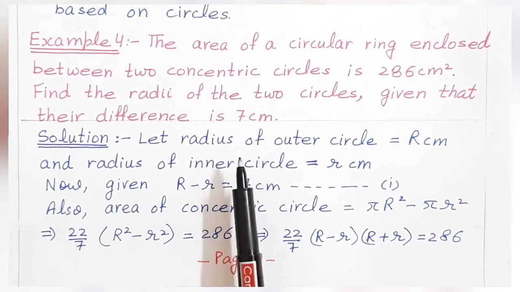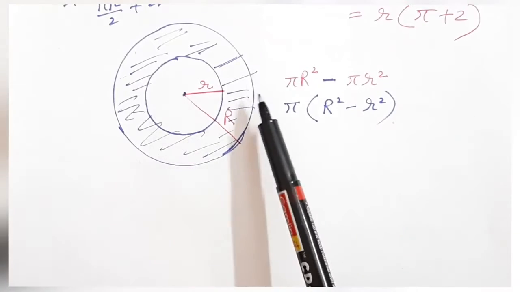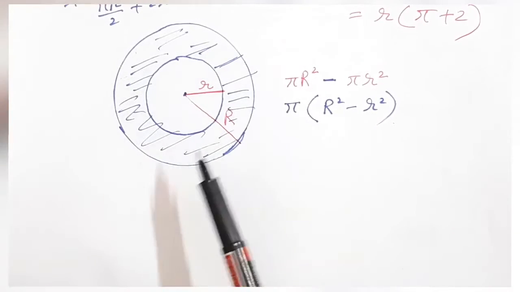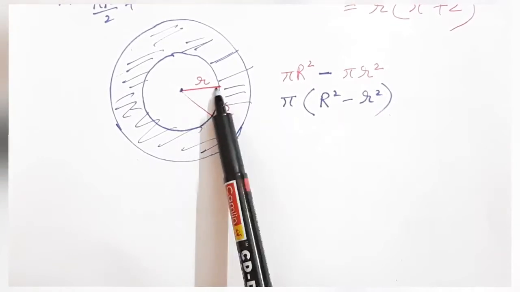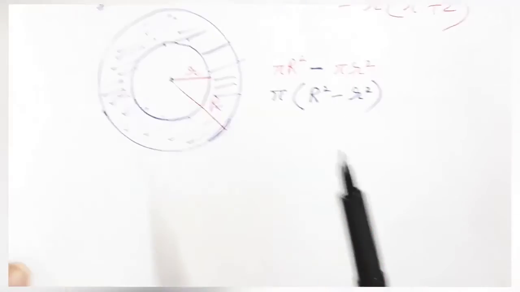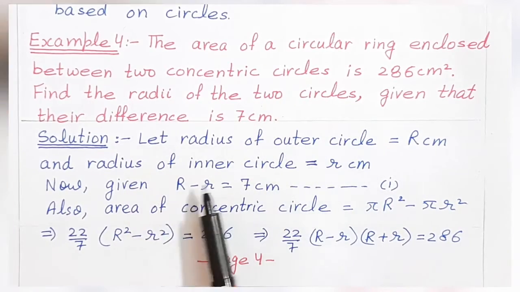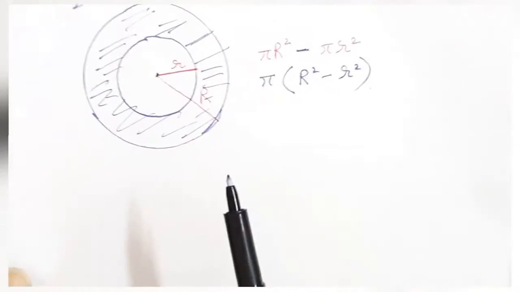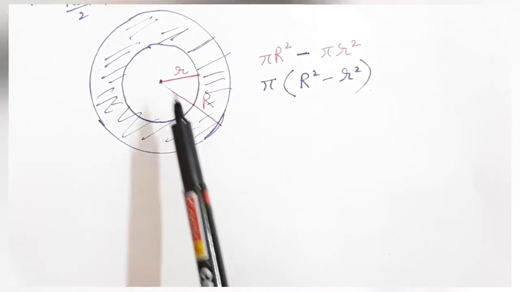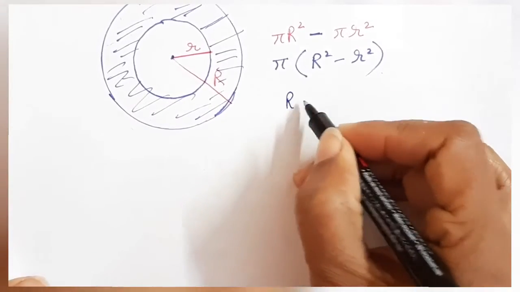Now this is almost the same as what we have discussed just now. There are two radii, the outer radius and the inner radius. Now here in the given question, let the two radii be capital R and small r. Now the difference between the two radii is how much? That is 7 centimeter, given.